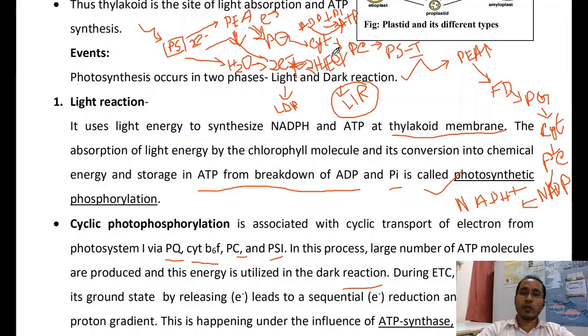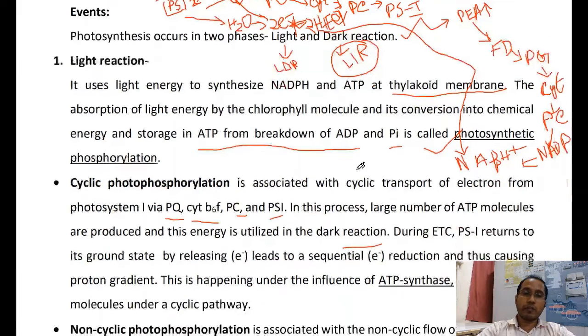This is nascent oxygen. When 2 oxygen atoms combine, 1 oxygen molecule is released. These 2 hydrogens will be utilized here in NADPH, nicotinamide adenine dinucleotide phosphate hydrogen. So cyclic phosphorylation is over and non-cyclic phosphorylation is over.